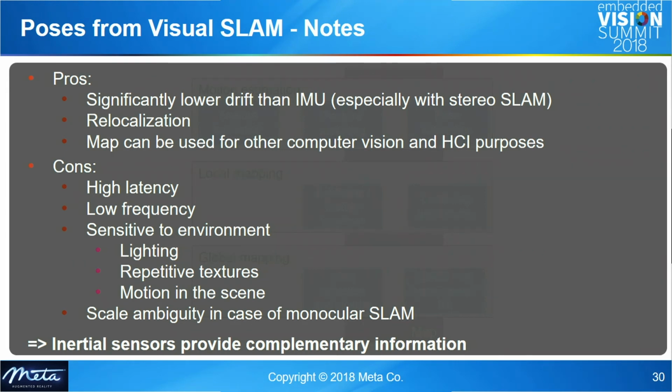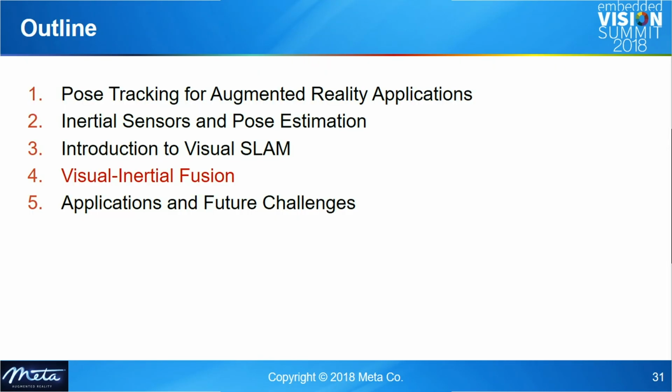So, taking all of this into account, we noticed that inertial sensors provide information that is complementary to what we get from Visual-SLAM. And because of that, fusing the two different modalities looks pretty appealing.